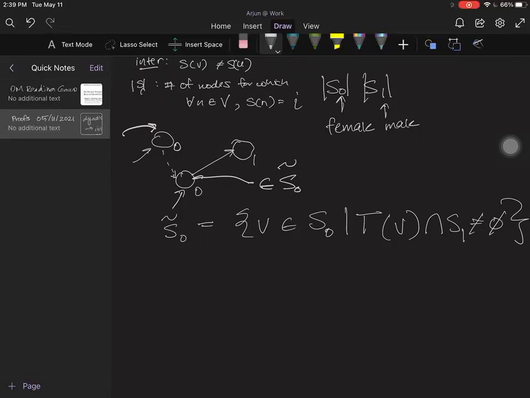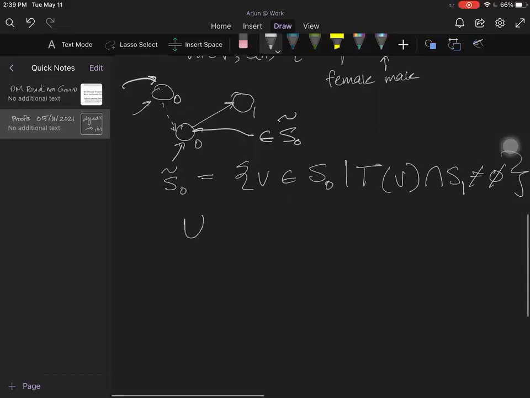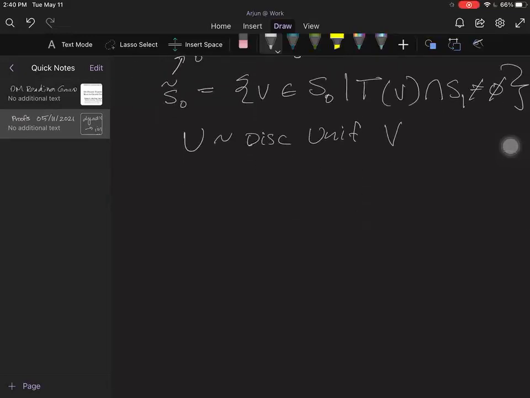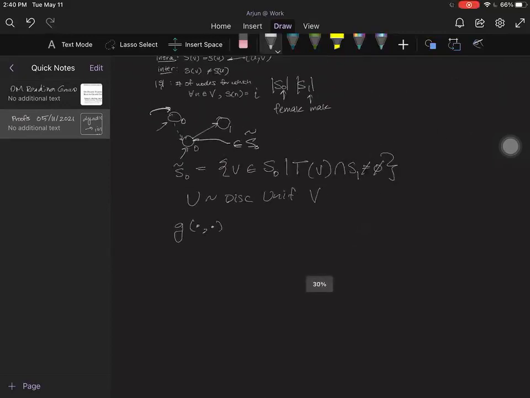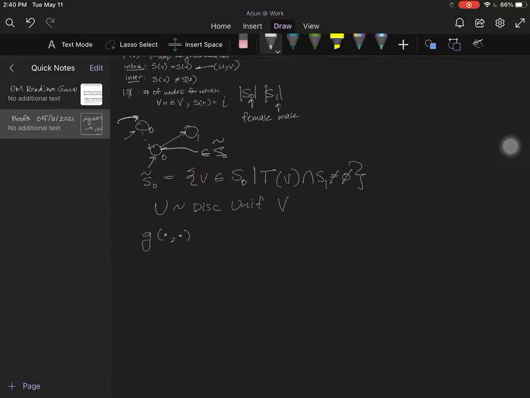And then we're also going to have a uniform distribution U. It's a discrete uniform distribution over all the vertices V. And finally, we're going to have a link prediction function. This link prediction function is going to map products of vectors to a single value.